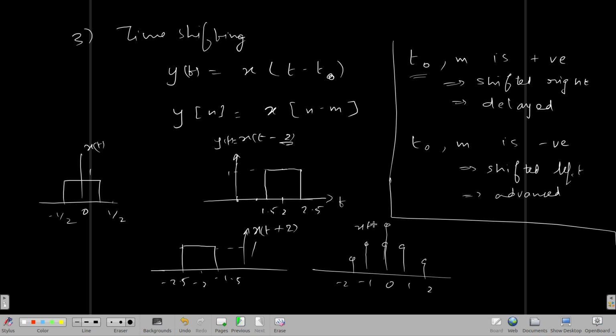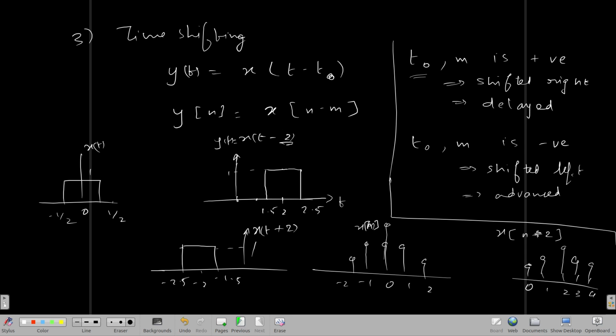If this is x of n, then what will x of n plus 2 be?